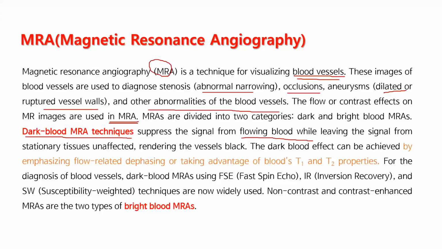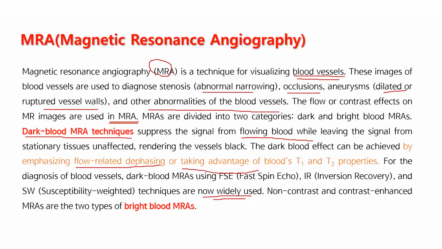The dark blood effect can be achieved by emphasizing flow-related dephasing or taking advantage of blood's T1 and T2 properties. For the diagnosis of blood vessels, dark blood MRAs using FSE, IR, and SW techniques are now widely used.